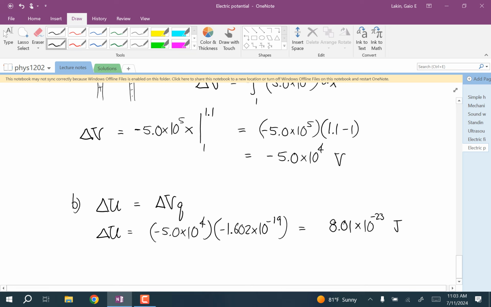Okay, does that make sense? Well, think about what happens in a gravitational field when you move an object against the gravitational field. Moving an object with mass against the gravitational force means lifting it up into the air.